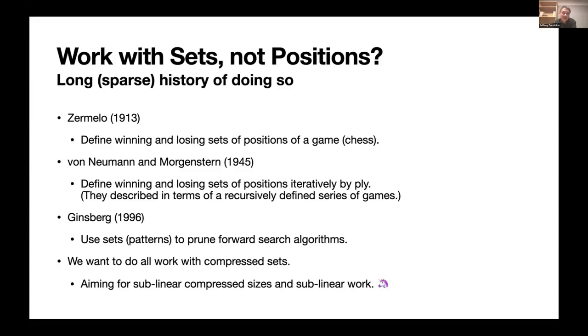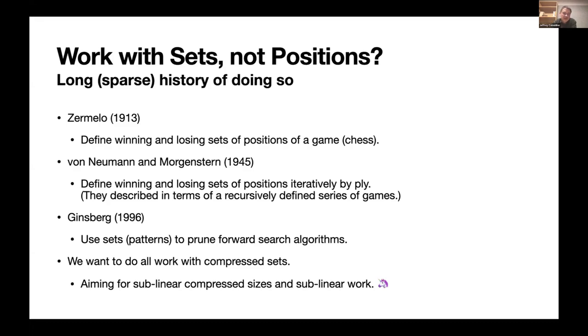And if we look back at von Neumann and Morgenstern's classic book in 1945 about economics and game theory, they were recursively defining winning and losing sets of positions based on ply, where the game was forced to a win or loss for one party. And there's been other work like Ginsberg, 1996, using sets, patterns of positions to prune forward search algorithms. So there is actually a history of thinking about not doing all the work per position.